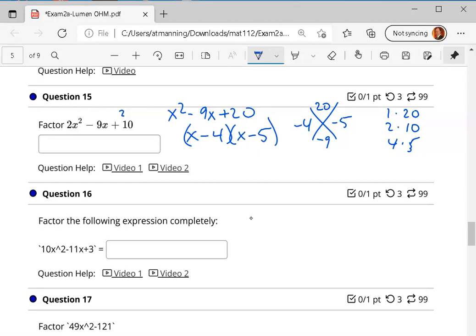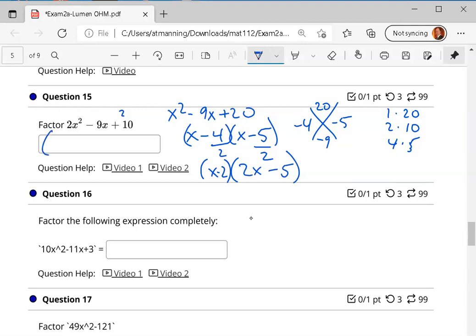But remember, we slid over the 2, so we have to divide out the 2. And what do we get? Well, x minus 2. I can bring the 2 in front of the x. That becomes 2x minus 5.